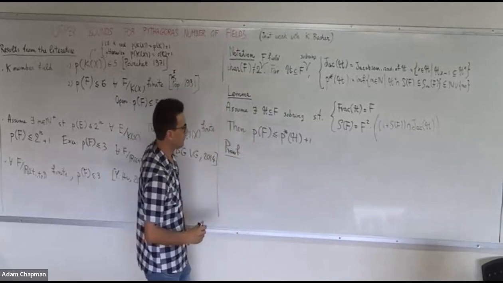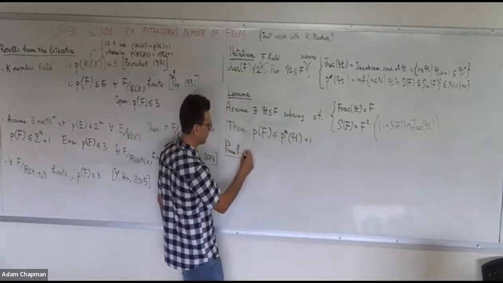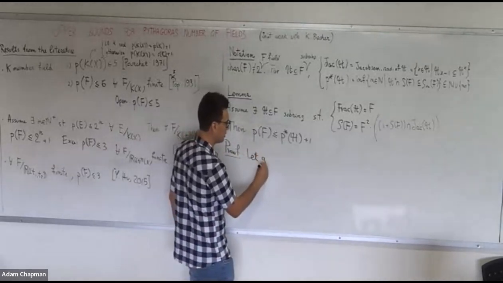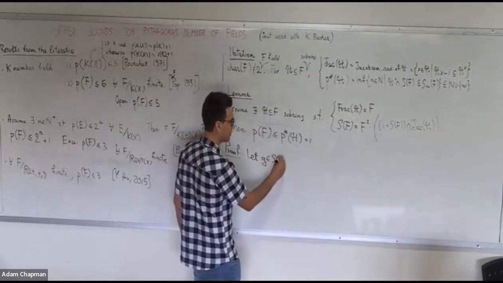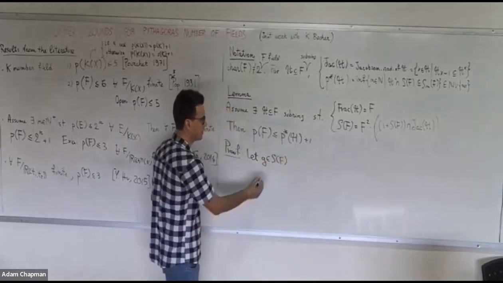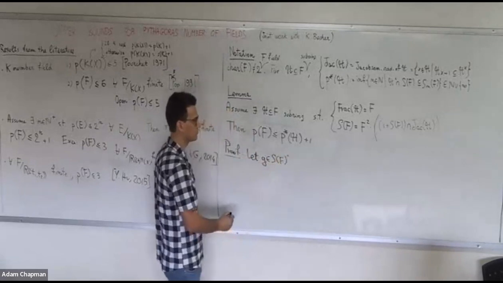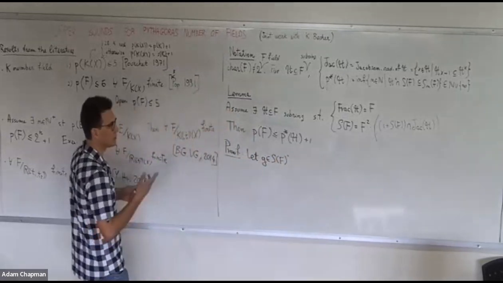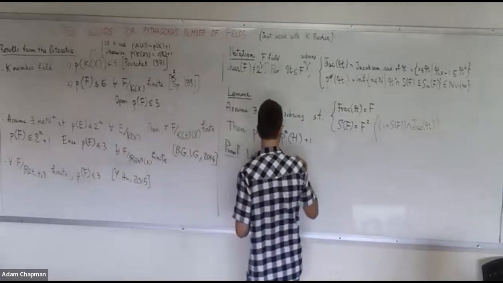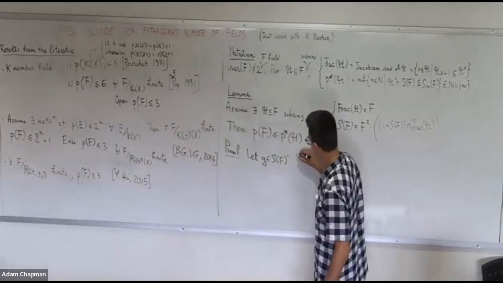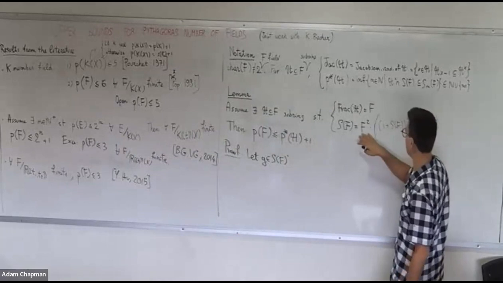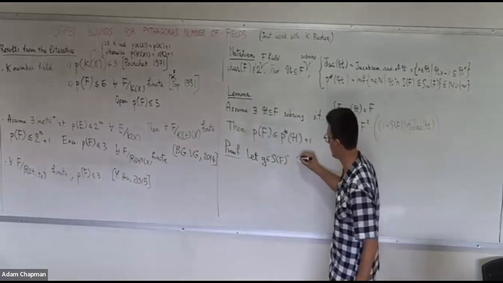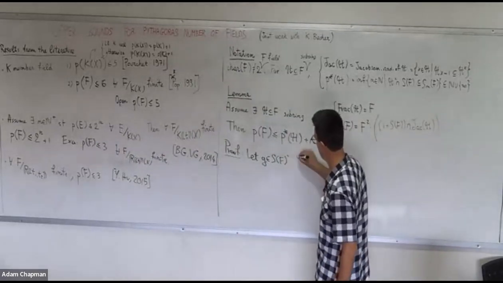So the proof goes as follows. We take a sum of squares F. Let's take it 0, because 0 is treated as a sum of squares. So we exploit this hypothesis.